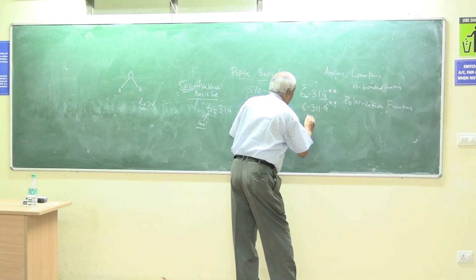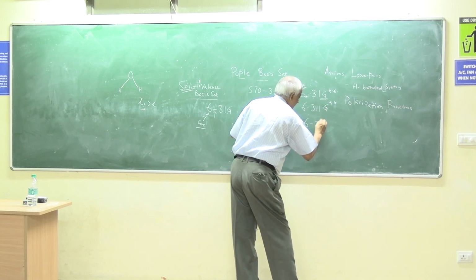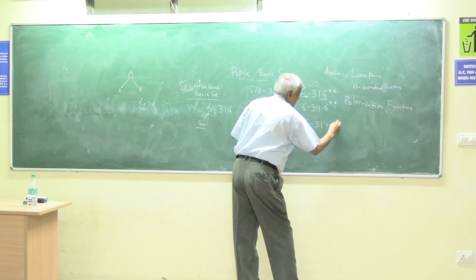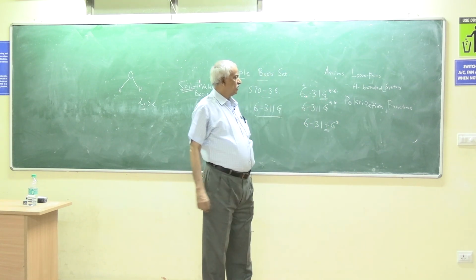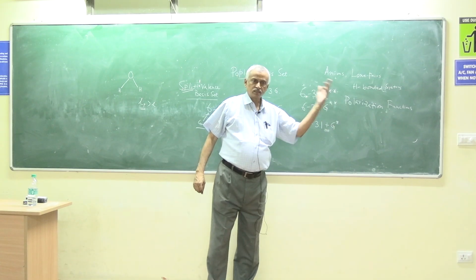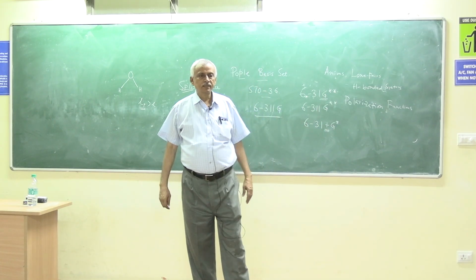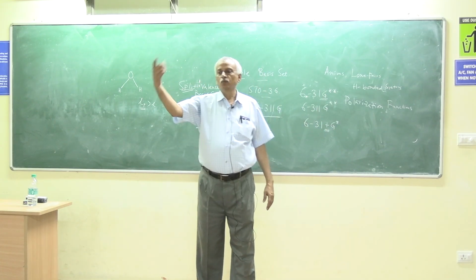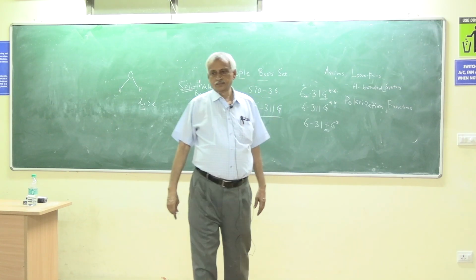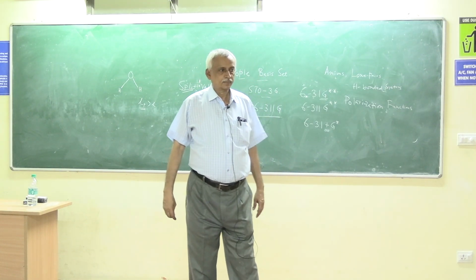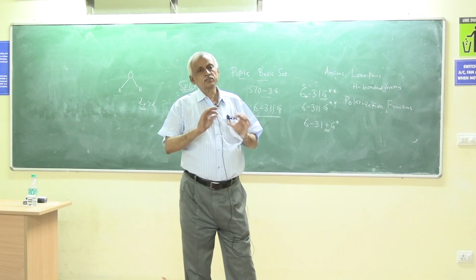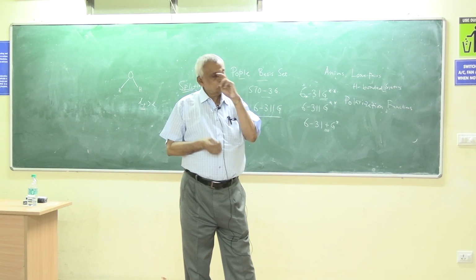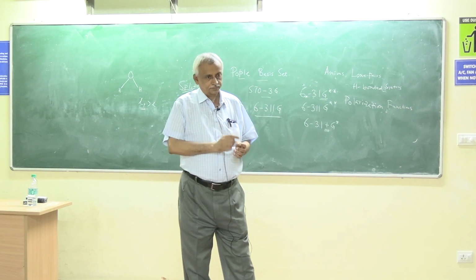So, there I will write it with a plus sign, 6-31 plus G star, let's say this plus is for the diffuse function, and similarly 6-311 plus G star, G double star, etc. They are diffuse functions, and star is for the polarization function. Okay. So depending on your system, you would choose the proper basis set, proper functional.